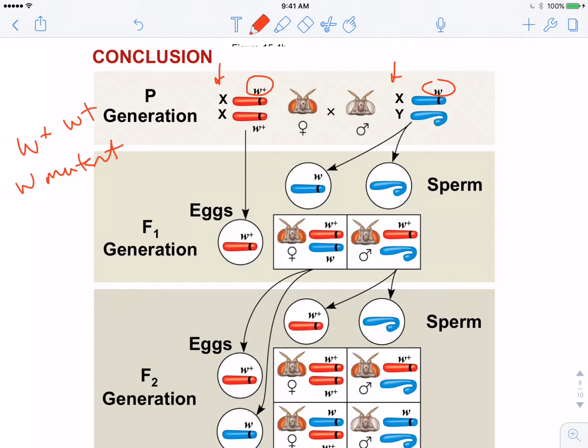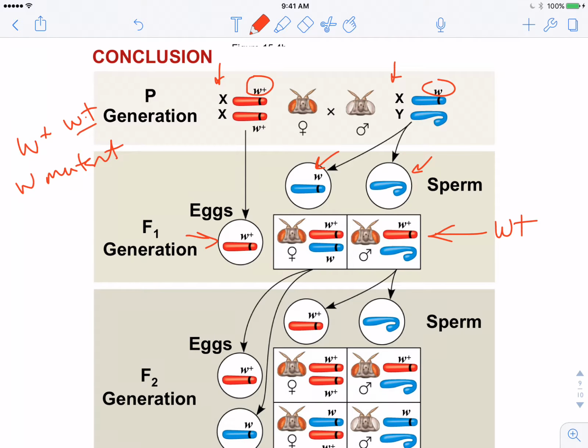If you sort this into gametes, the females can only put an X chromosome in the egg, so we don't need the whole box. Males can have either the X or the Y chromosome in the sperm. With the dominant allele, all the offspring have a red allele, and the males only have a red allele, so they're all wild type.